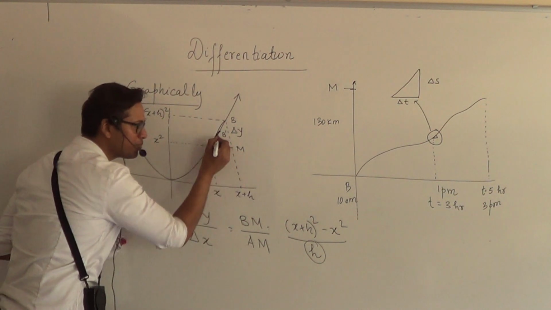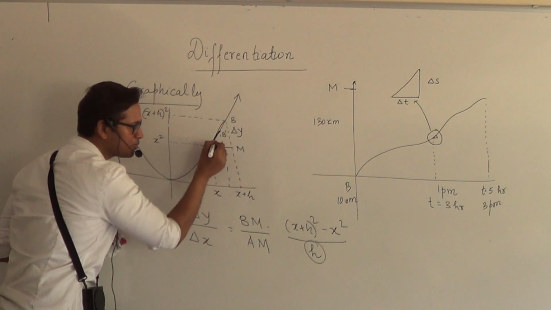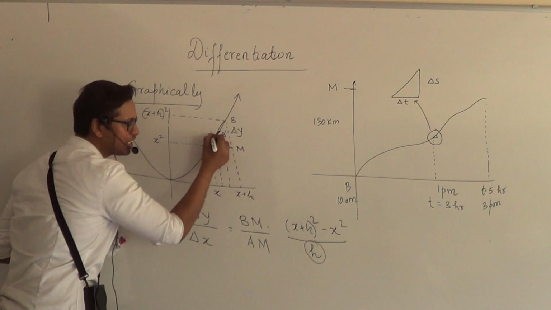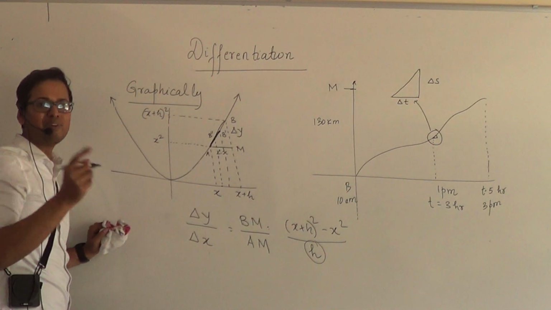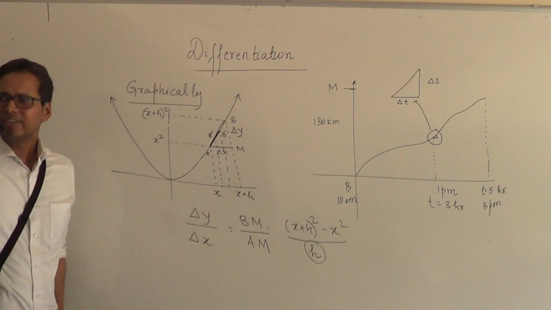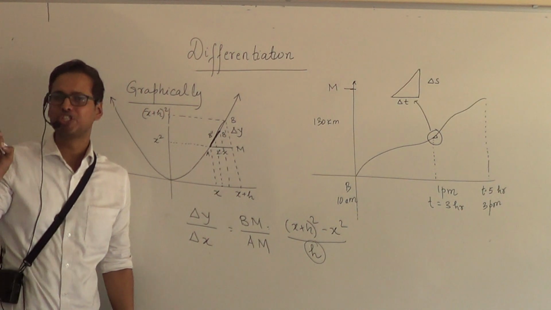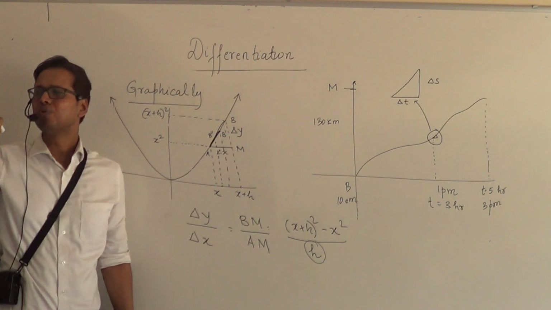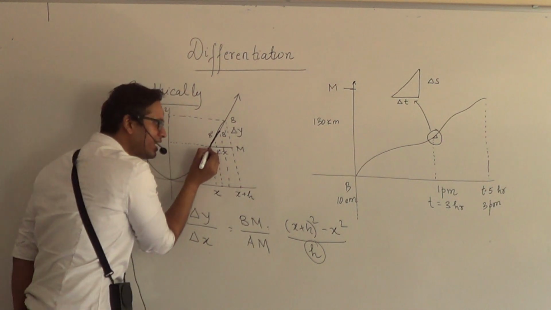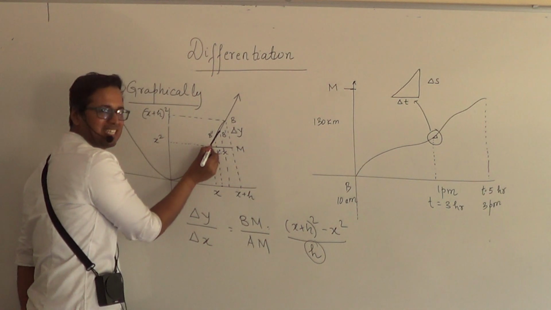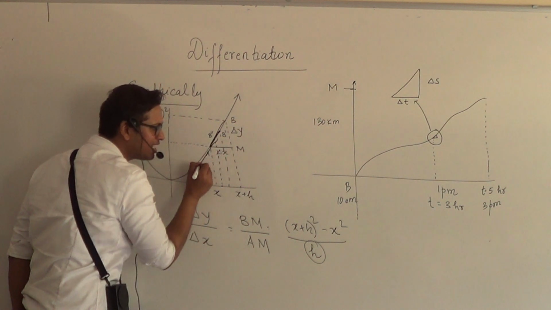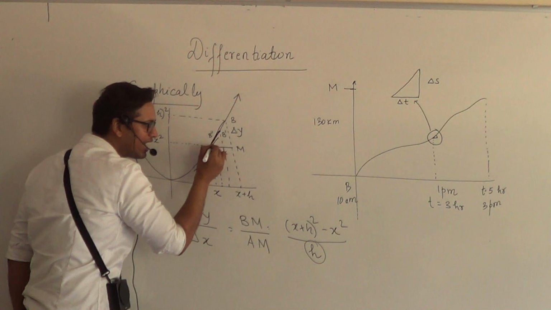Again, if I make it a little smaller and come to B double dash, I'm finding the slope of AB double dash. If I keep reducing h and make it almost 0 but not equal to 0, I will reach very close to A. Can I say the slope would then be almost the slope of the tangent drawn at that point?